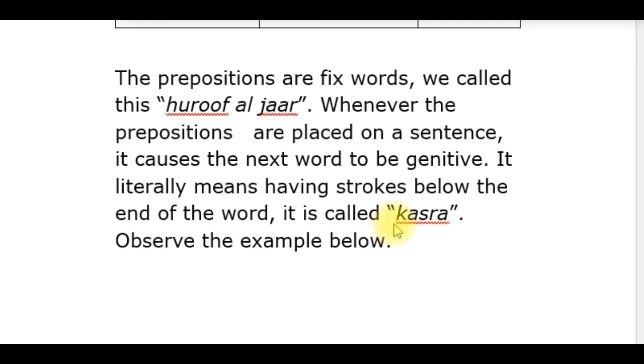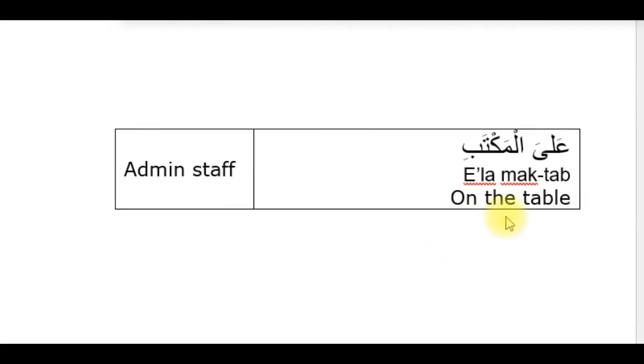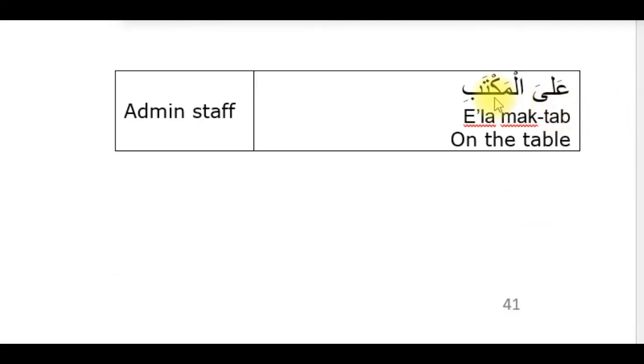Observe the example below. على المكتب. على on, مكتب the table. Notice the noun here, because there's the word على, a preposition, the end of this word will be kasra. Look at the stroke.